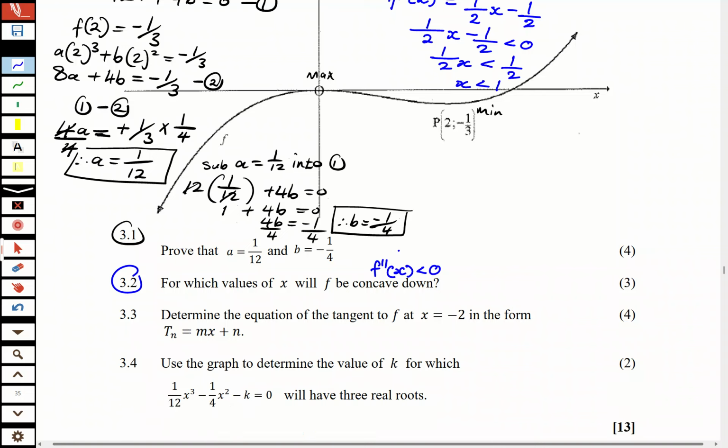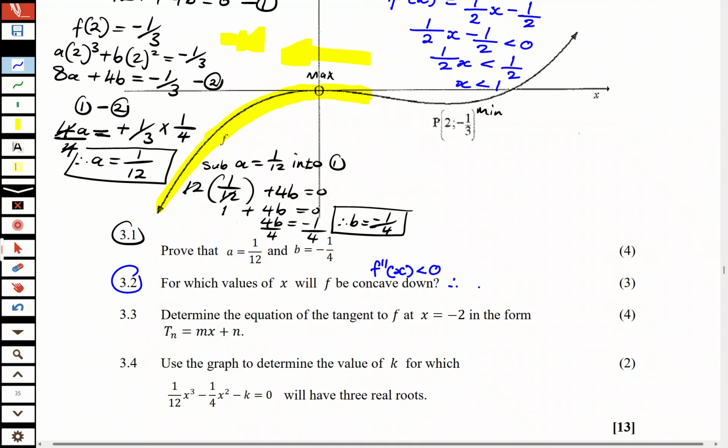So remember, this is concave down. Let's try to picture this. This is concave down and then concave up. So concave down starts to happen from here up to the point of inflection there. And this is true that if x is just here, going to the left, going to negative infinity, you'll have just concave down.